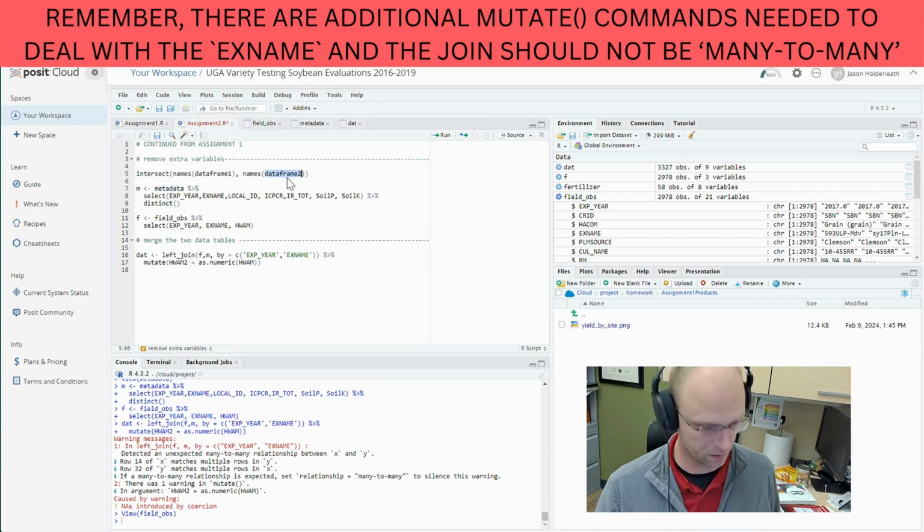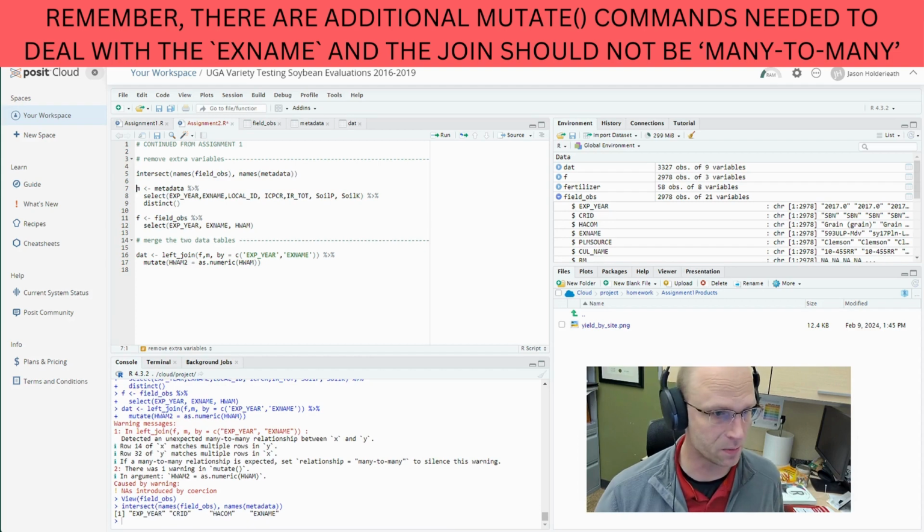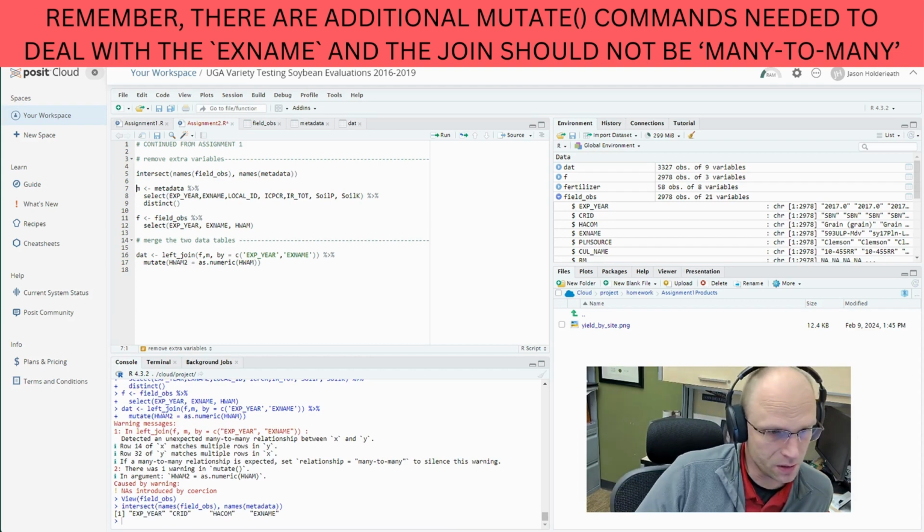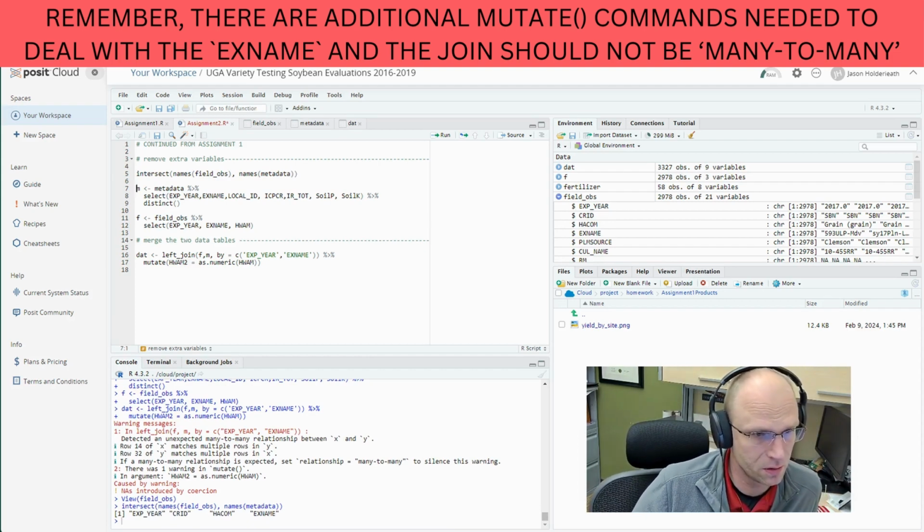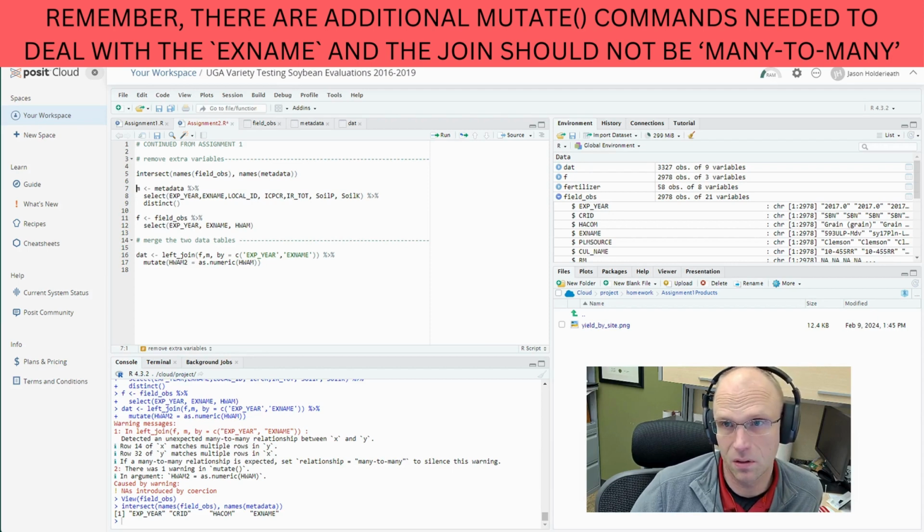We'll go ahead and do that as data frame 2, just to be consistent with our X and our Y. Data frame 1. All right, what kinds of names do we have? Okay, so we have experiment year, CRID, HCOM, and EXNAME.